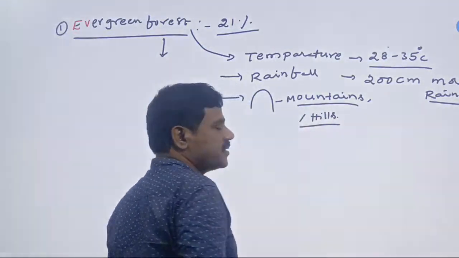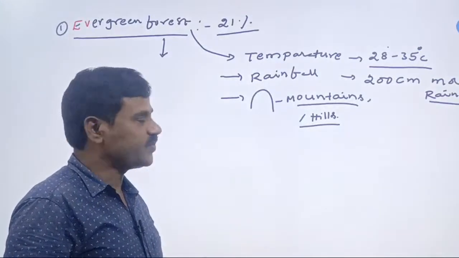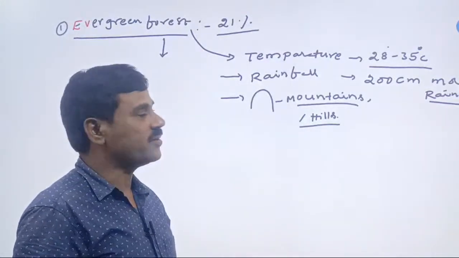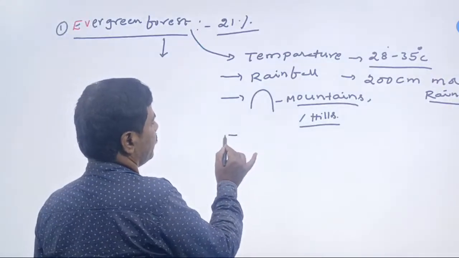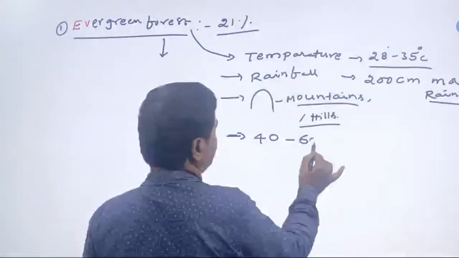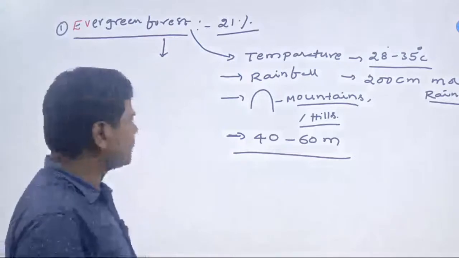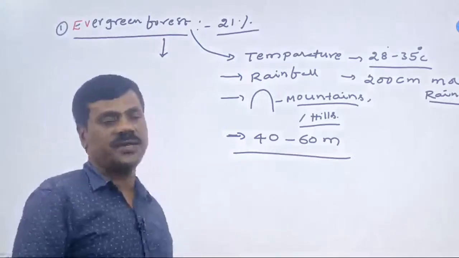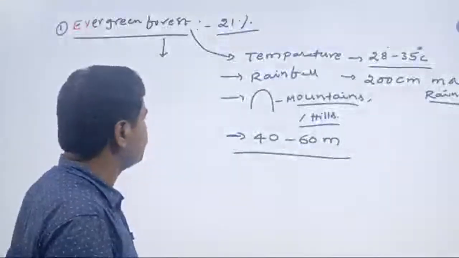Mountains and hills are comfortable for the growth of this forest area. The height of each tree is 40 to 60 meters from sea level.